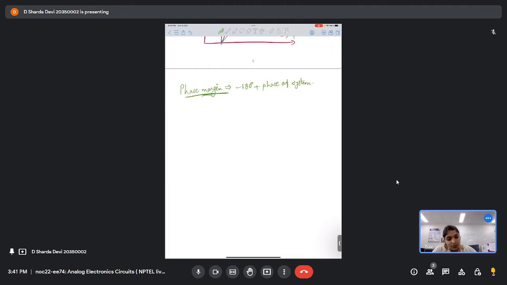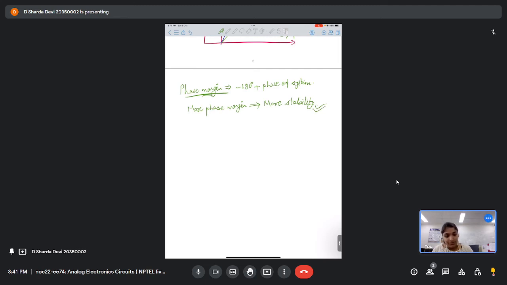So the more the phase margin, the more the stability. This is the basic idea that we have.